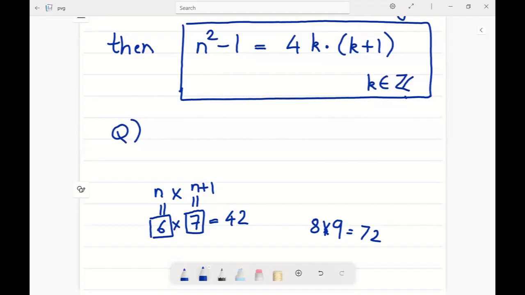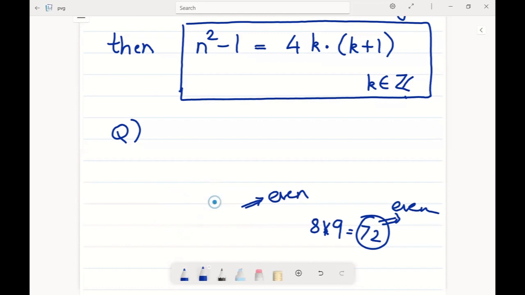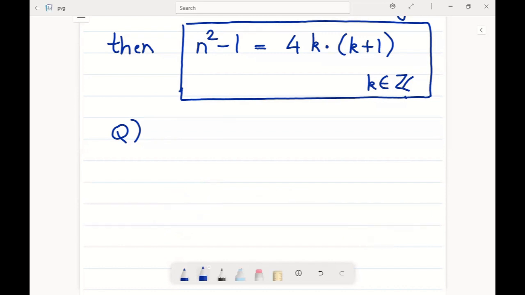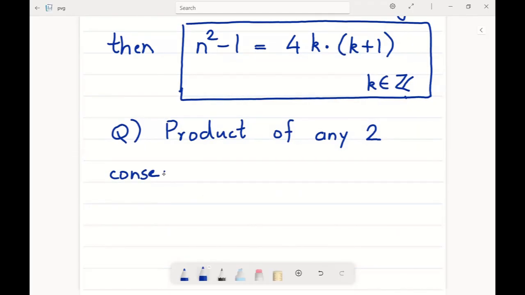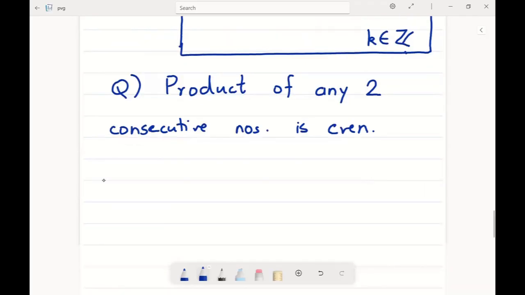So what I'm trying to guess is that the multiplication of any two consecutive numbers must always be even. This is a very simple exercise, a very obvious observation: the product of any two consecutive numbers is even.